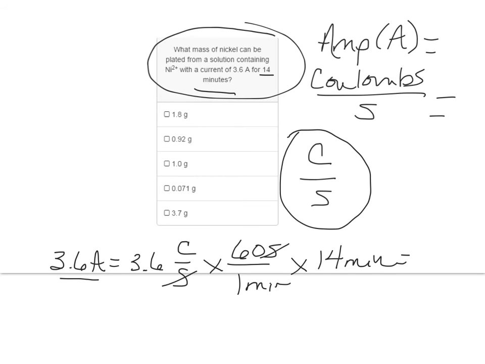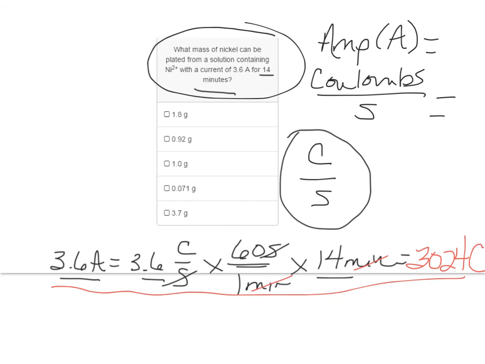But if you plug all this into your calculator, 3.6 times 60 times 14, you get 3,024. And the units I have are coulombs. And then I usually kind of treat it as a second calculation. So if I have 3,024 coulombs, how do I get to mass of nickel?